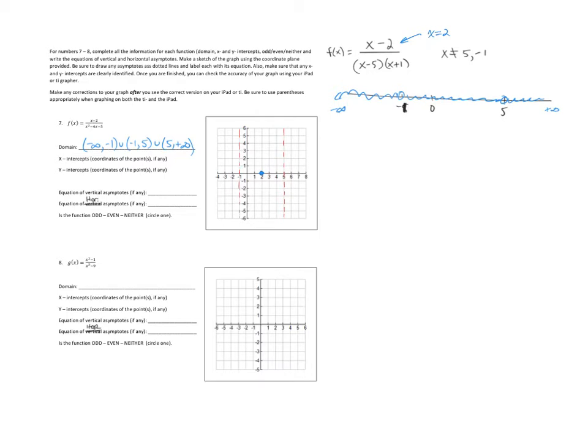And we could be fancy and label those with their equations, x equals 5 and x equals negative 1, the equations of those vertical lines. So we can put a check mark on that, the x-intercepts. Equations of vertical asymptotes, we now have x equals negative 1 and x equals 5.